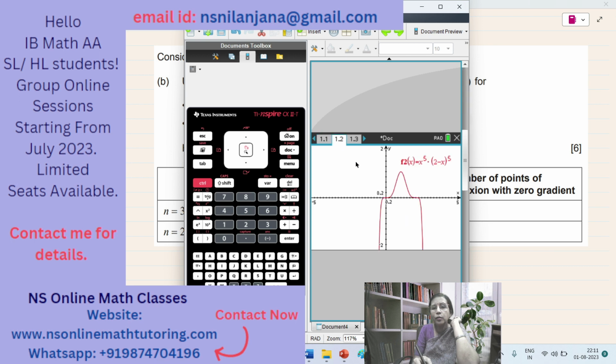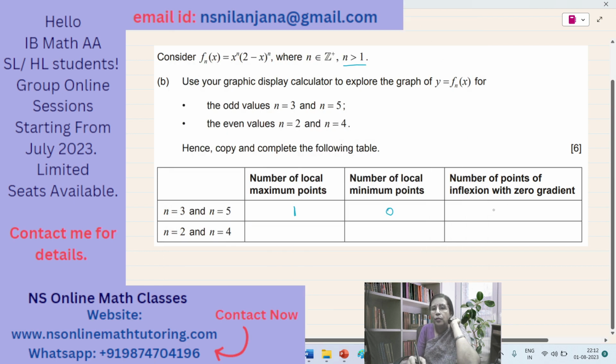And for n equal to 5 also, we are seeing the 2 stationary points of inflection, that is the points of inflection with 0 gradient. So we have 2 points of inflection with 0 gradient for n equal to 5, and also 2 points of inflection with 0 gradient for n equal to 3. So we can write this as 2.